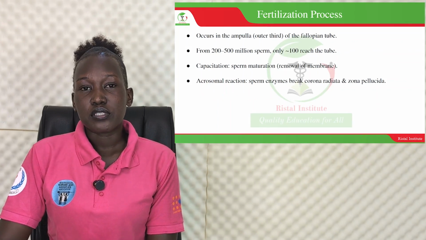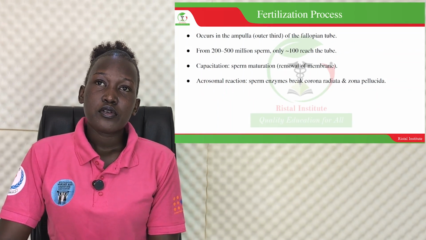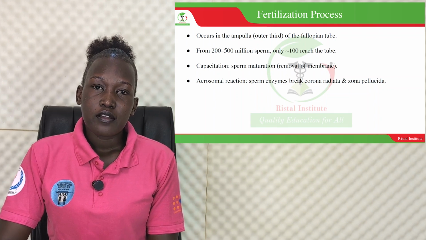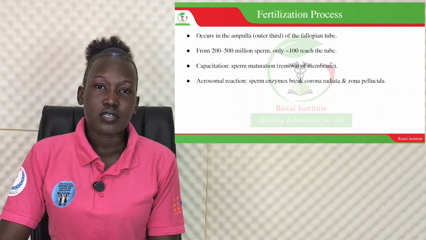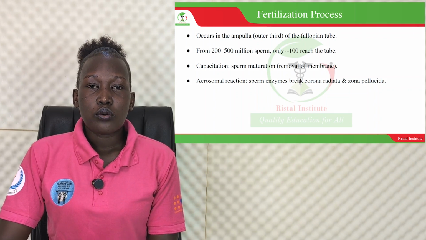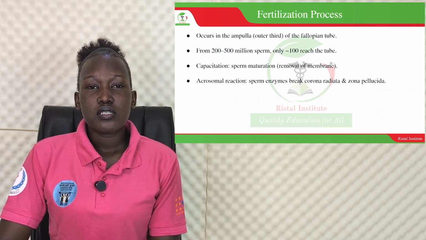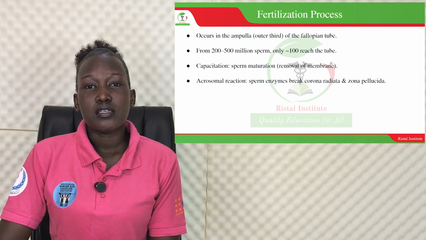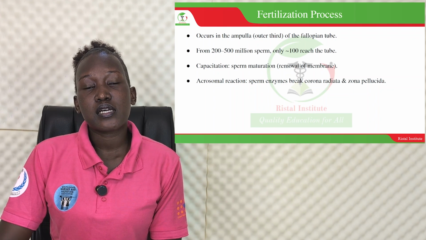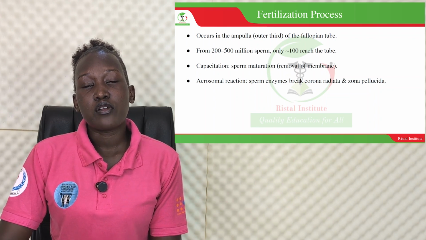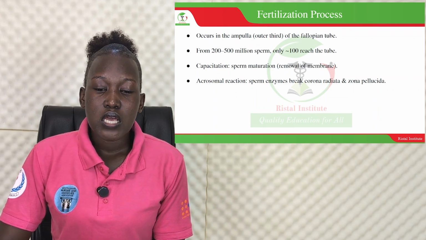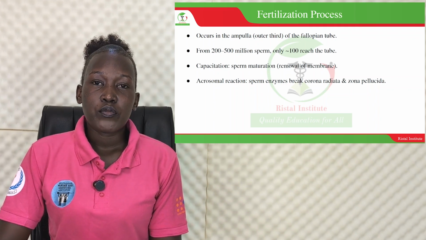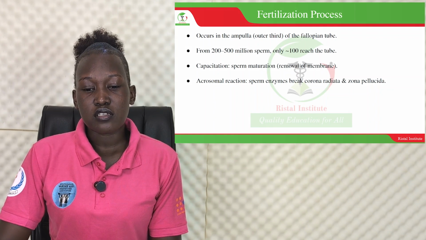Now let's look at the process of fertilization. The process of fertilization begins right from ovulation, actually. From the time the egg has been released, it moves with that peristaltic movement towards the fallopian tube. Specifically, it comes and stays where we call the ampulla, where fertilization usually takes place.